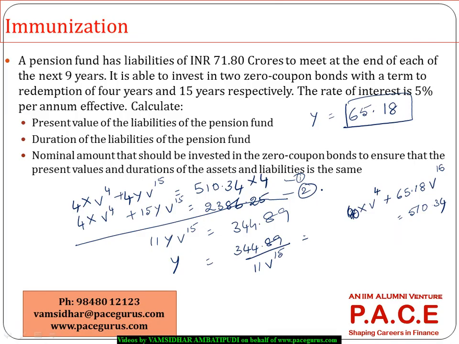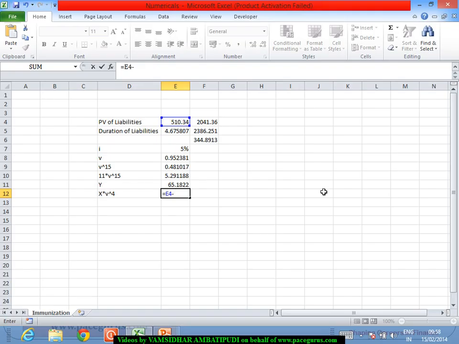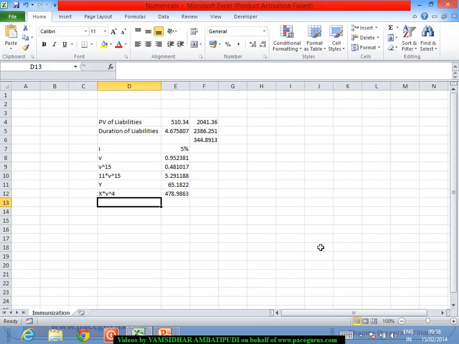minus 65.18 into v^15. So this is what is coming out to x v^4, and from here I can get the value of x, which is this number divided by v^4.